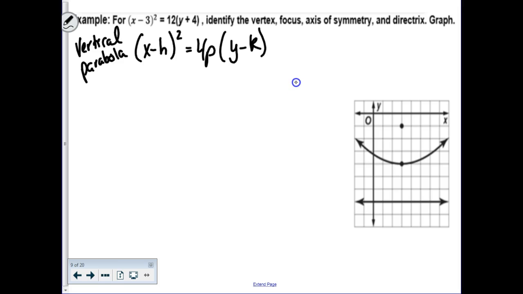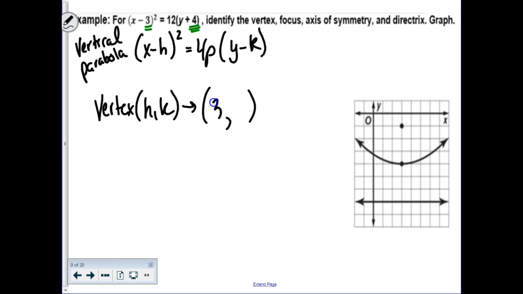So comparing the pieces of the formula, the very first thing you guys can find for me is something you probably could have found before I even started my lesson, the vertex. Well, you guys know the vertex is located at h comma k. So when I'm looking back at my formula, there's h, but what's k? There's that built-in negative, so it's really a negative 4. So it's 3 comma negative 4. So there's the vertex.